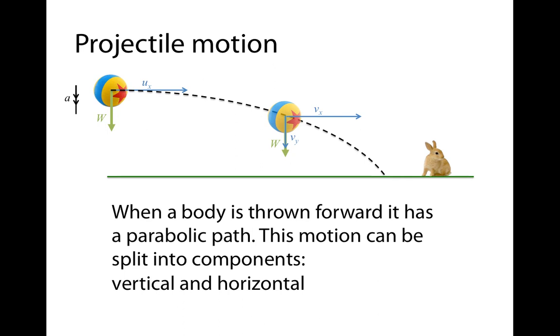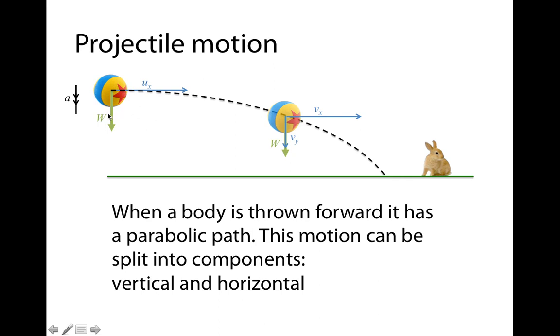Now, if you're watching this for the first time, we haven't really studied the effects of force. But as a sneak preview, overall force causes acceleration. If you have an overall force, you'll have acceleration in that direction.